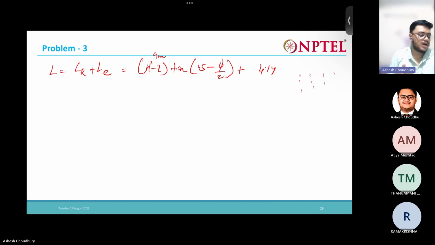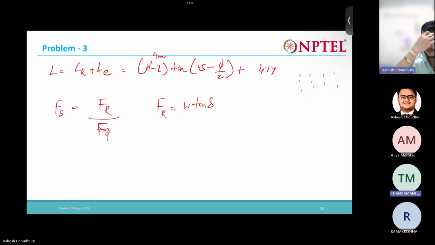Now comes the external stability check. First is the sliding. What is the factor of safety in sliding? Resisting force divided by driving force. Now what is the resisting force?